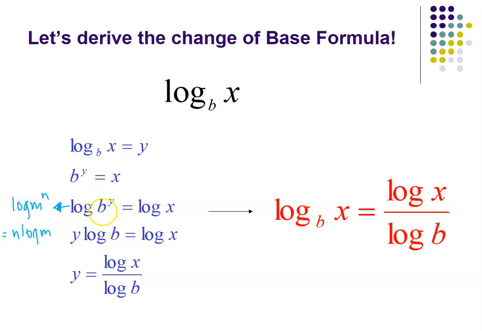Therefore, y log b equals log x. Both sides have a logarithm, so we divide both sides by log b. That is the reason for this formula: y equals log x all over log b, or log x base b equals log x all over log b. Okay, let's try to solve some examples.